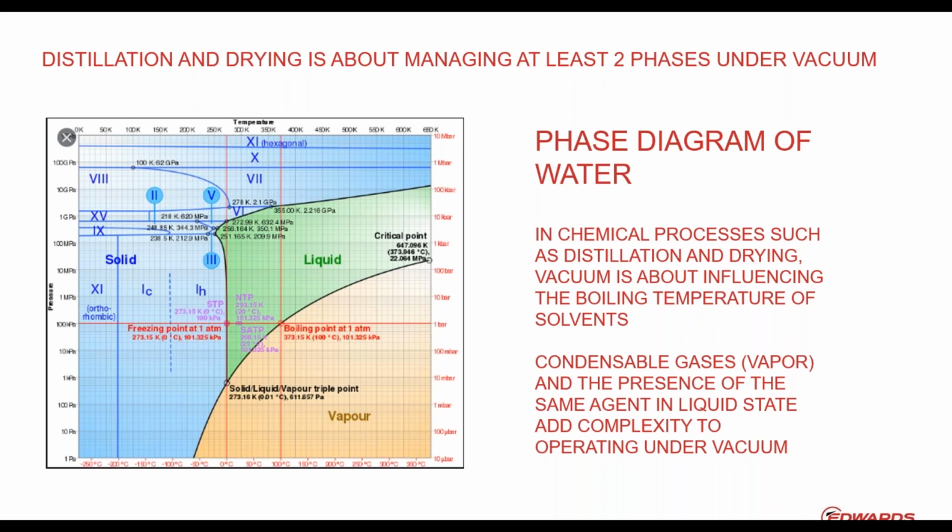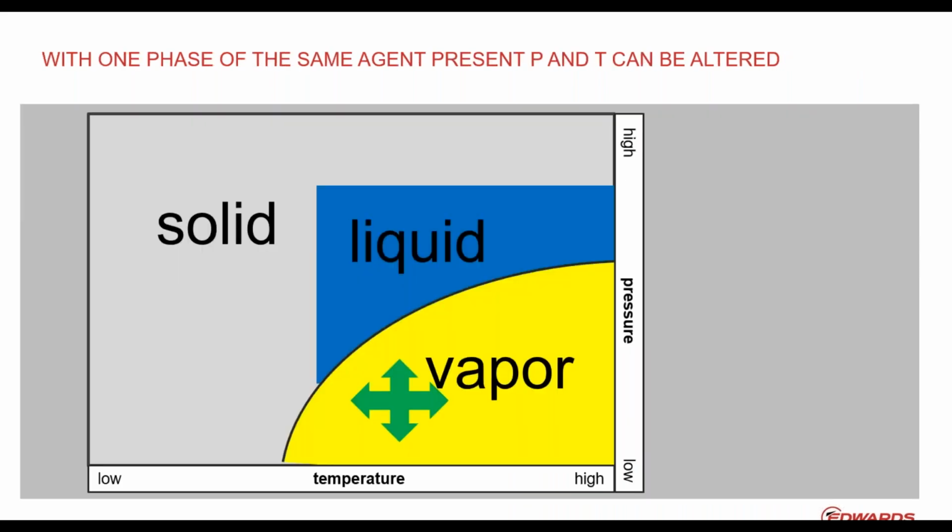That's all. So let's move on to a simplified diagram of the state diagram, and let's forget about the solid state for a moment. It's about liquids and vapor. So I marked the vapor state in yellow and the liquid state in blue. Again, on the vertical axis it's pressure. On the horizontal axis it's temperature, in any kind of dimension.